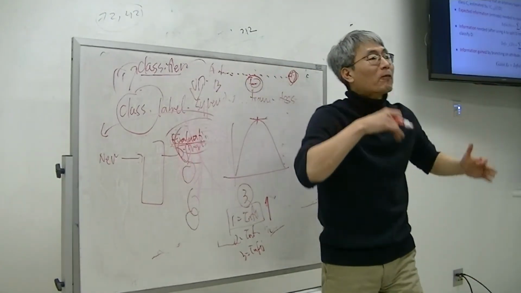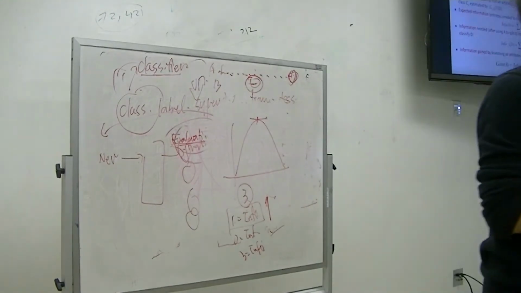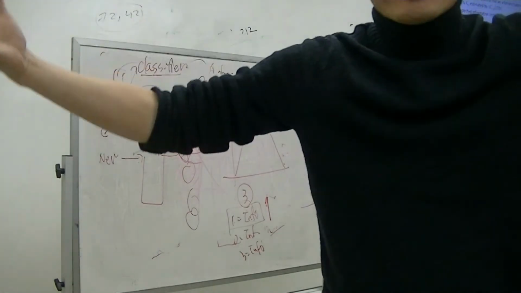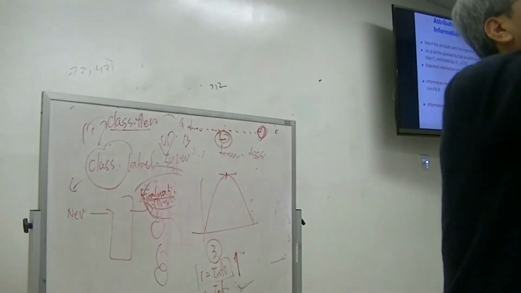Okay? So first, intuitively, understand that when we decide whether to buy a computer or not, what features make the difference between buying and not buying a computer. If all the values are the same, we cannot use such a feature. But if the age varies, like 10, 20, 30, 40, then we are able to classify.